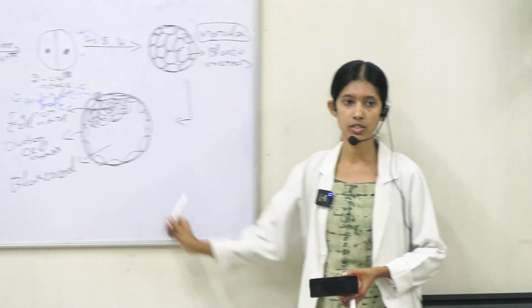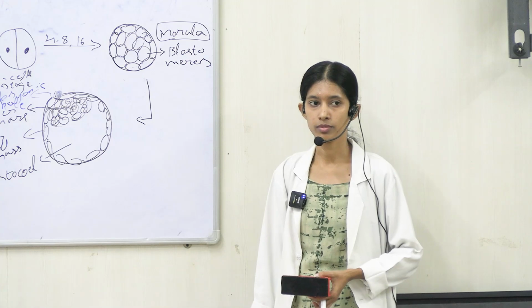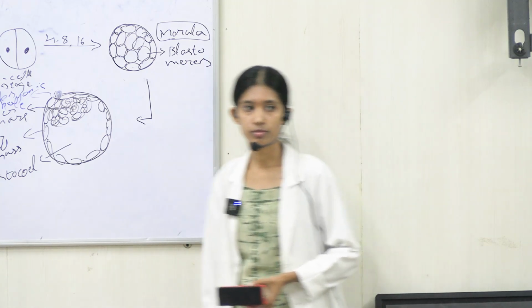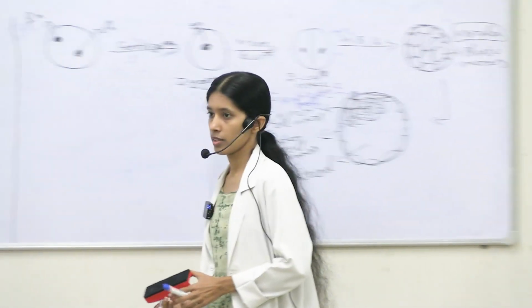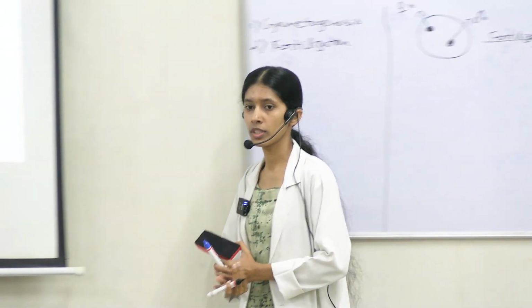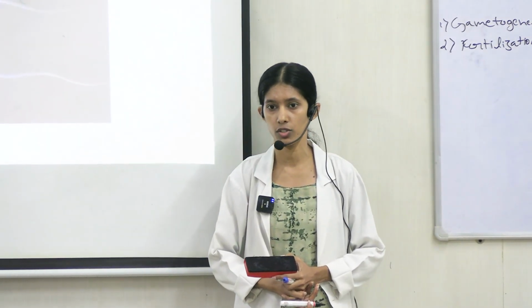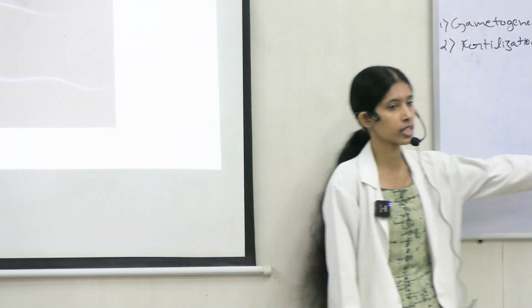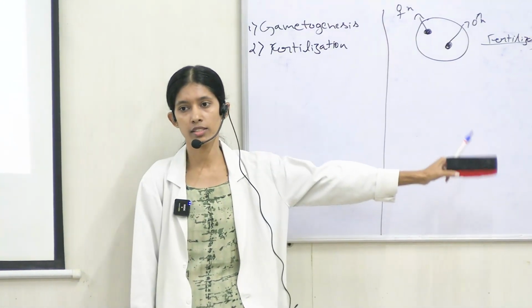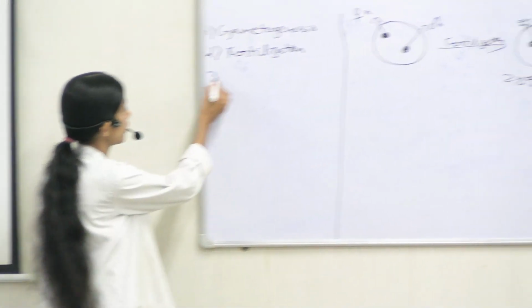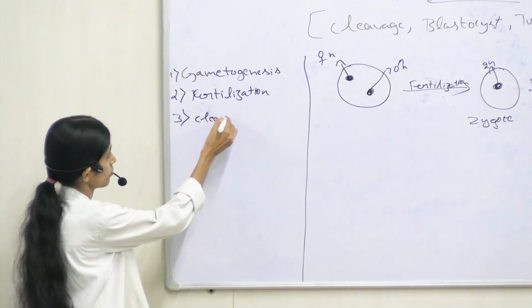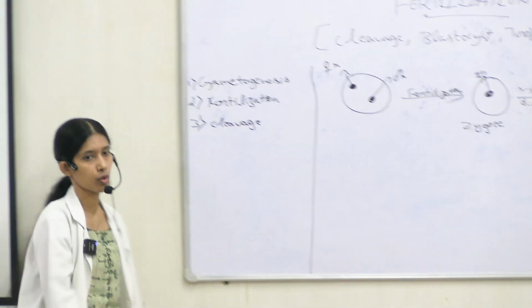Any other structures here? The division of your zygote takes place right after the fertilization. So this 2 cell stage to the 16 cell stage process is called cleavage.